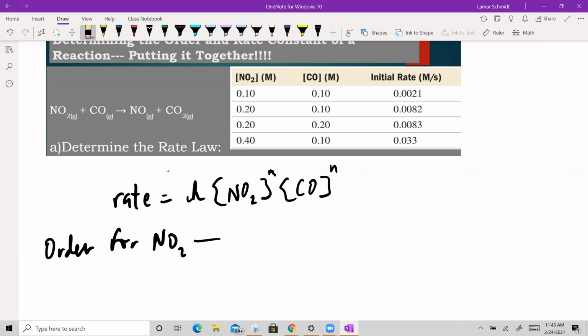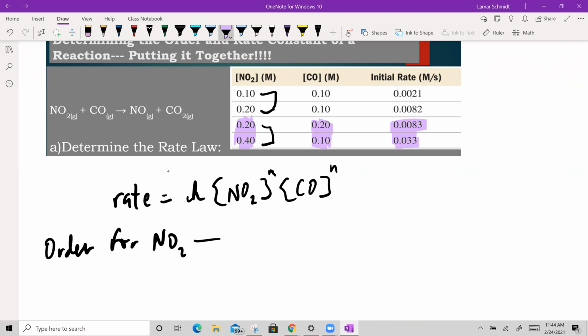So we can see that it changes here, here, and here, right? And we can also see that it changes here and here. All right, we can do that. But notice this. When we change at this section, 0.2 to 0.4, this also changes. So any changes in the rate could be as a result of CO and not just NO2.